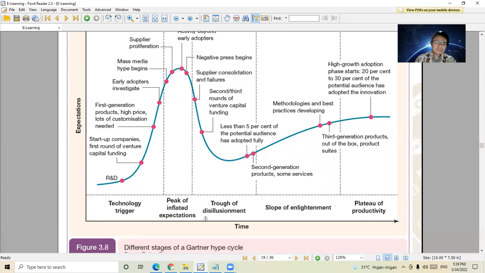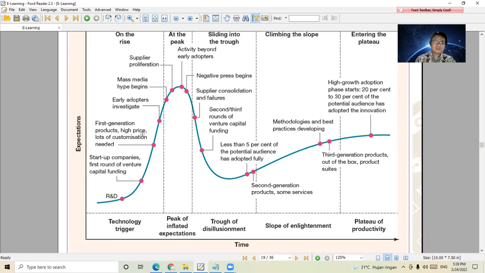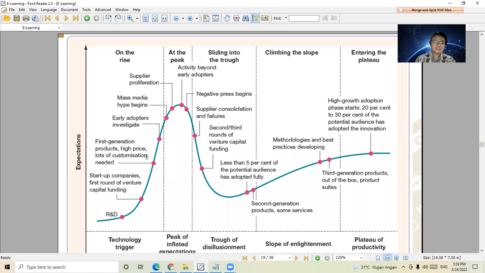From the beginning, when the technology is first introduced, there is R&D, research and development, and startup companies start to come in. And there are the first generation products. The price is usually very high when a new technology is first introduced.